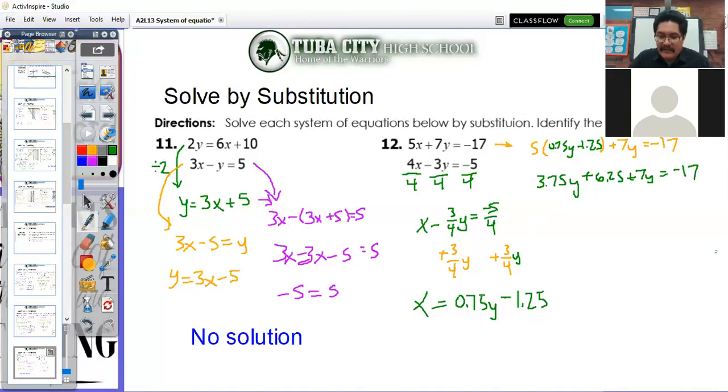Now, since I have 3.75 and 7, it's going to be 10.75y. I'm also going to have to minus 6.25 from both sides.